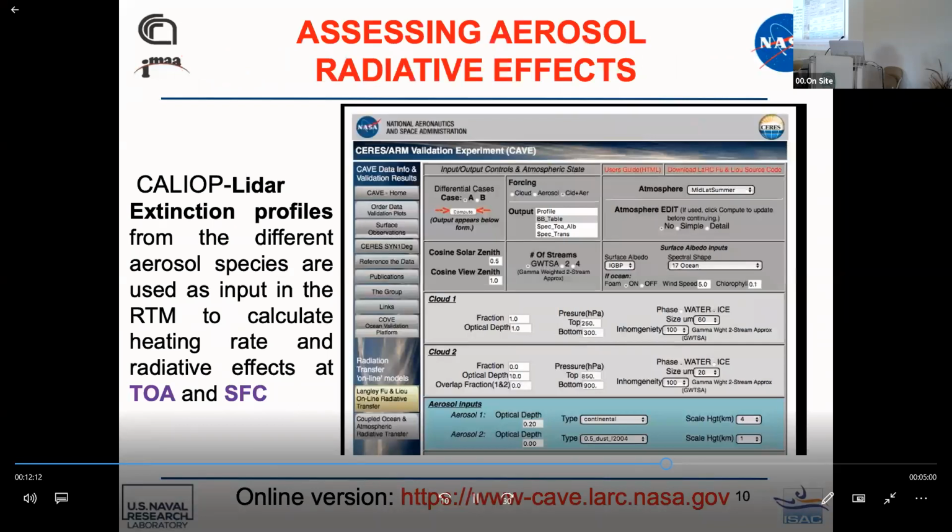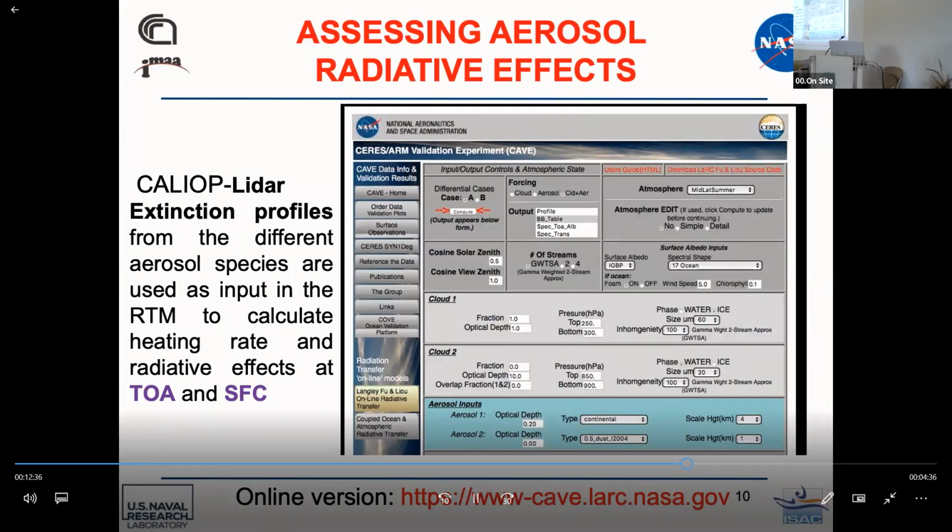This is another step, where we used the CALIPSO-derived extinction profiles from the different aerosol species in the radiative transfer model. In this case, we calculate and compute the heating rate and radiative effect at the top of the atmosphere and at the surface.